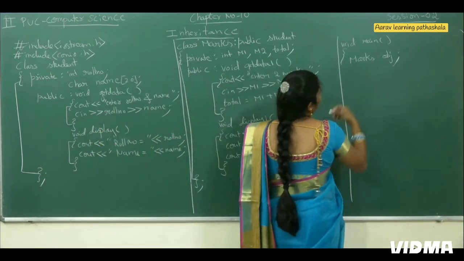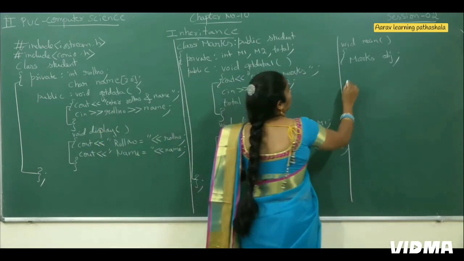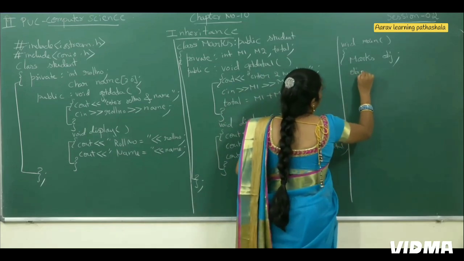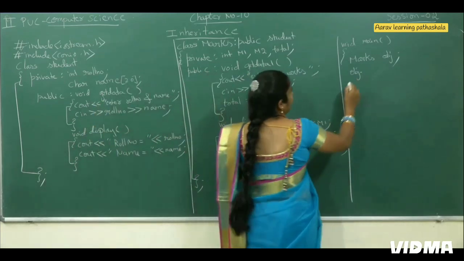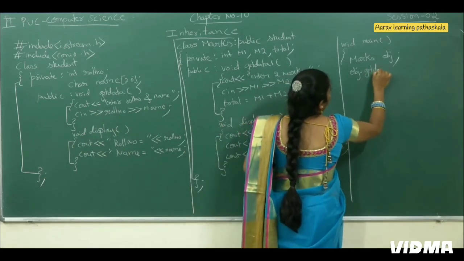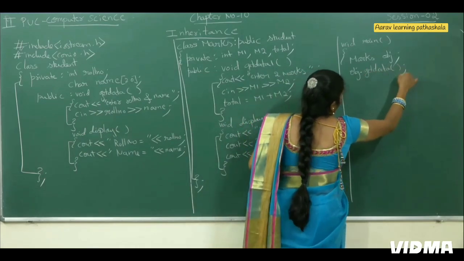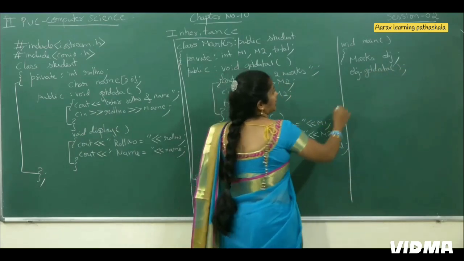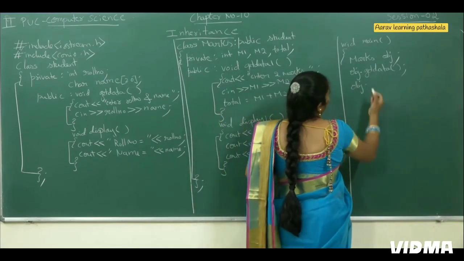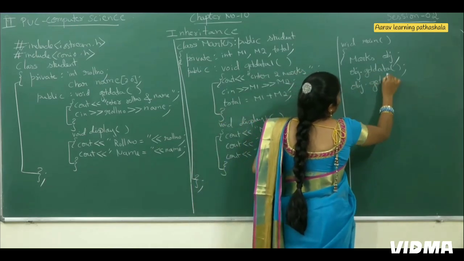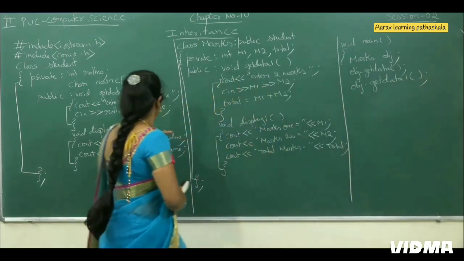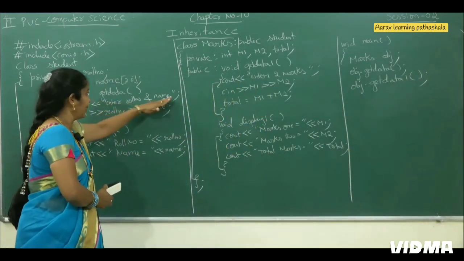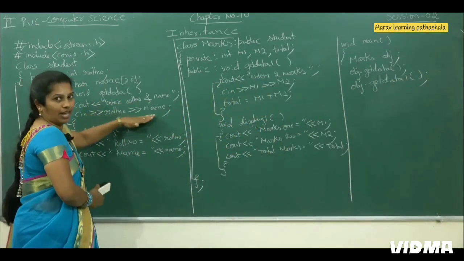Then next after that, call the functions one by one. Object dot whichever you want you can call. For example, first I take the get data function. Next object dot get data 1. First, what output do you get? Enter roll number and name, then input that value.